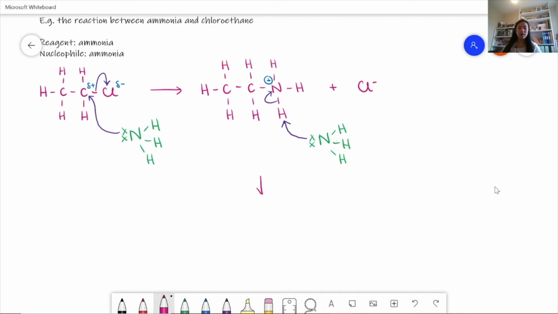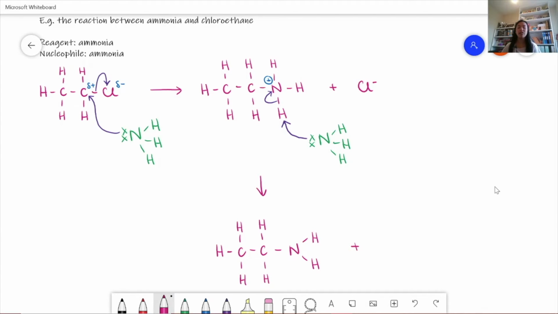So what we get is CH3CH2NH2. And the ammonia that's just come in, so this second nucleophile, has bonded with the hydrogen which has left the intermediate that we had.